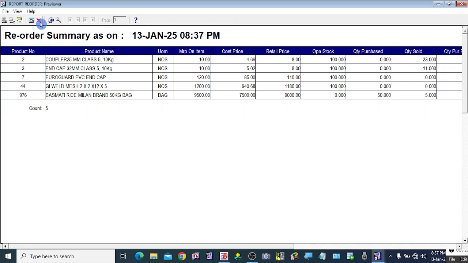So this setting up of reorder level is very useful for the concerned person to manage the quantity of all the fast moving products very efficiently.